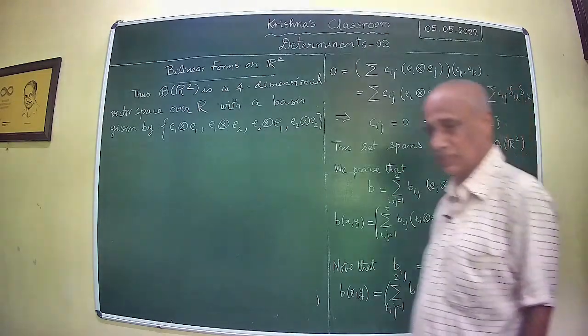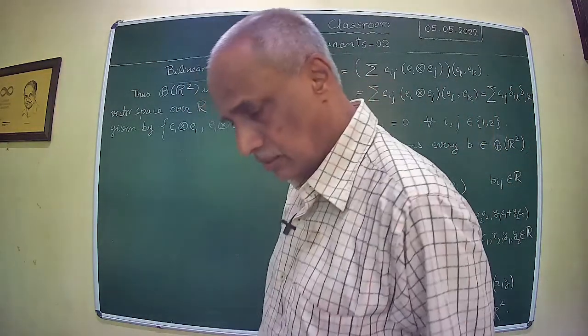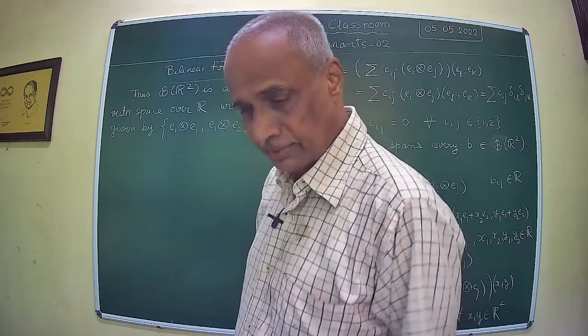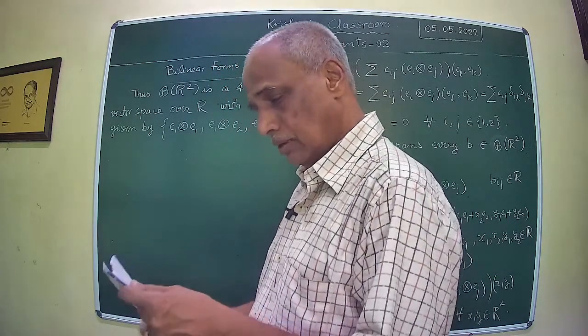So that is the vector space structure of BR.